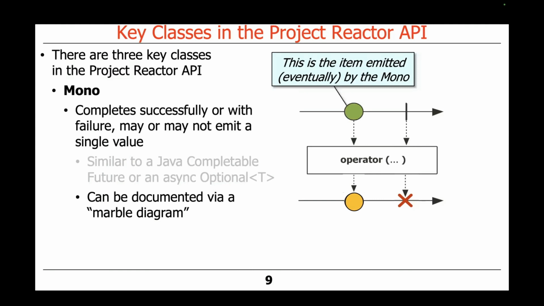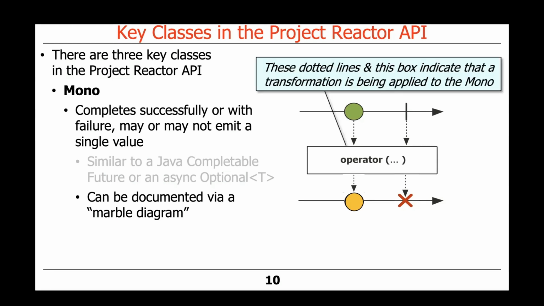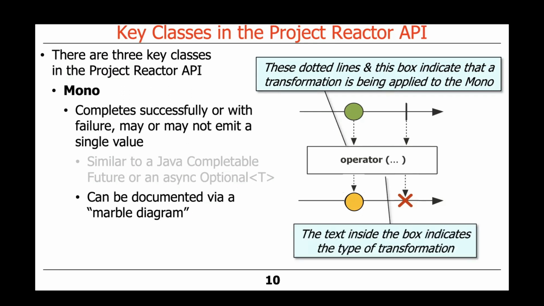It's going to be taken as input from the originating Mono or the originating source, and then some operator will transform it somehow by mapping it or flat mapping it or doing something to it. And the text inside the box indicates what's being done. Again, flatMap, map, zip. There's all kinds of things you can do to perform these transformations.